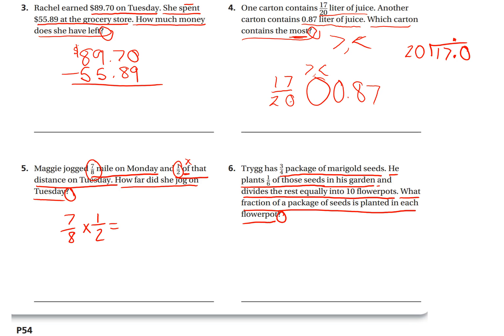Okay, first of all, if I just estimate 3/4 is about 1, and then 1/6, I can do that pretty easily. So if he has one package and he spreads 1/6 of that out, he's left with 5/6. And 5/6 is about 1 again.